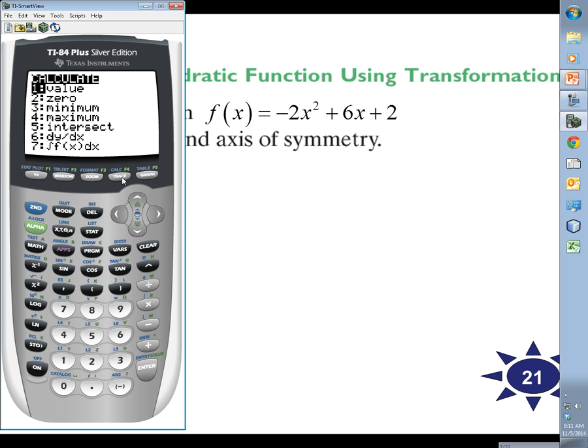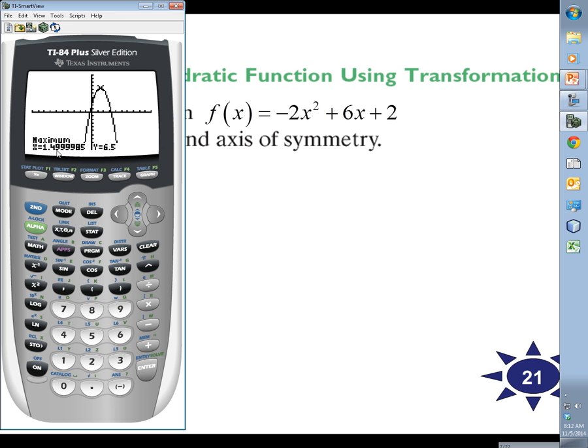So second trace, calculate up here. Now we don't have a vertex function here, but we do have a minimum and a maximum option. And since we're pointing down, this graph has a maximum. So what is it? Left bound. We'll go to the right of it to create a right bound. And then we'll go up to the very top and guess. And there it is.